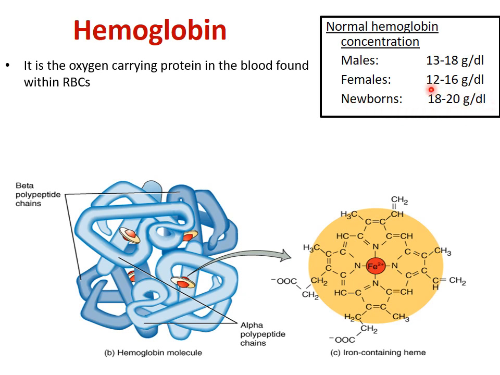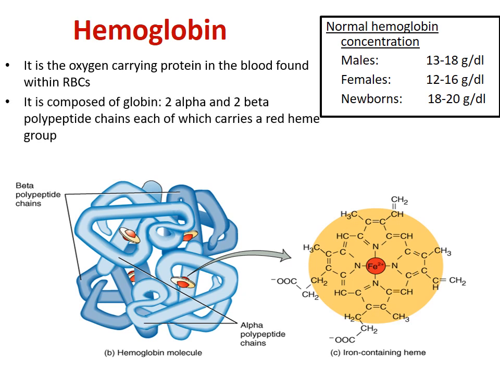We have seen, when I discussed the red bone marrow, I told you that in the case of a newborn, all the bones in the body have red bone marrow. That is the reason why you are seeing higher RBCs, and when the RBCs are higher in number, the hemoglobin content or concentration will also be higher.